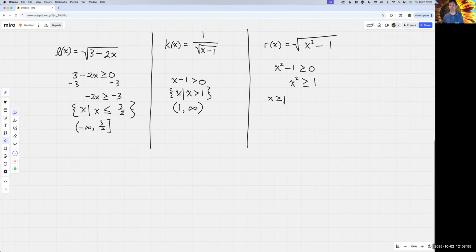Negative 1.5 squared is 2.25. So we want the same numbers, except with negative signs. And what that would be, starting at -1 and getting bigger numbers, except they're negative, means less than or equal to -1, right? Like -2, -3, -4, and all the numbers in between. And so there would be our domain.